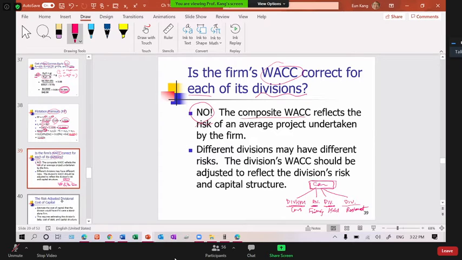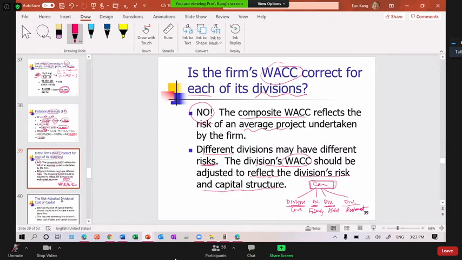The composite WACC reflects risk of an average project, but different divisions may have different risks. Divisions' WACC should be adjusted to reflect divisions' risk and divisions' capital structure. The divisions may have their own capital structure.